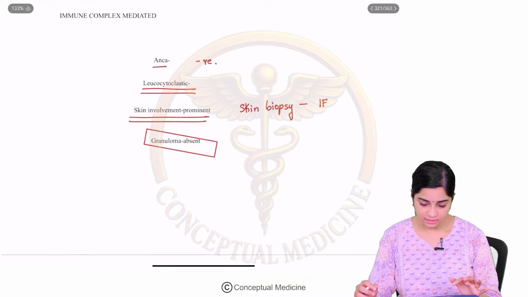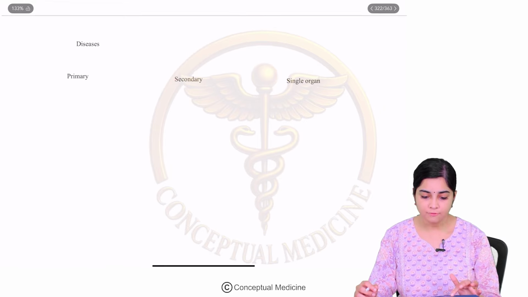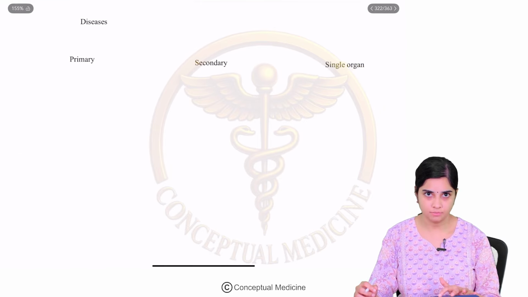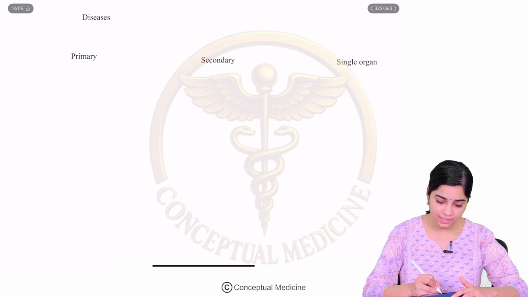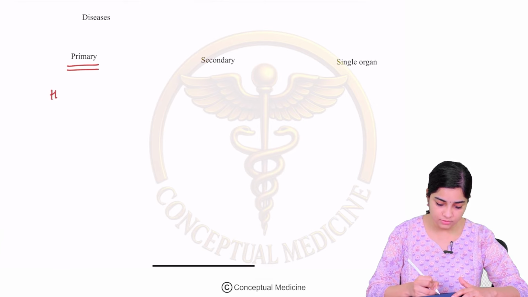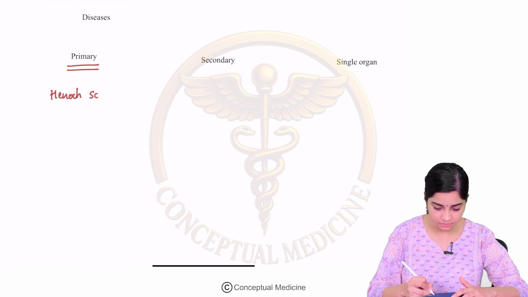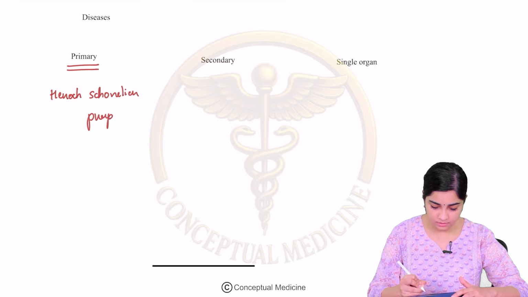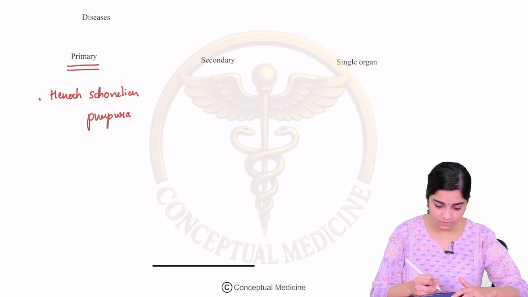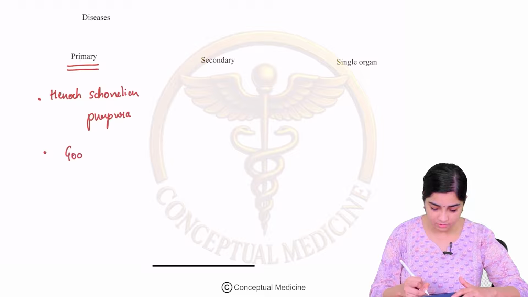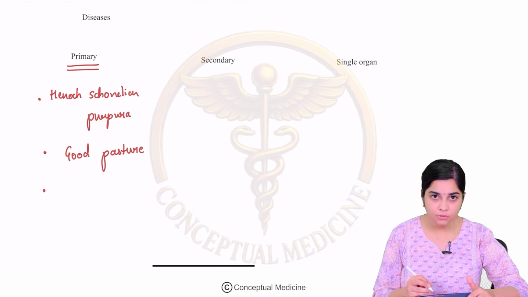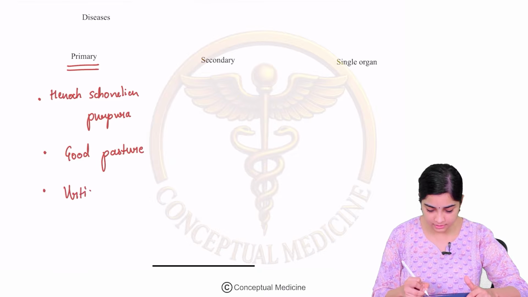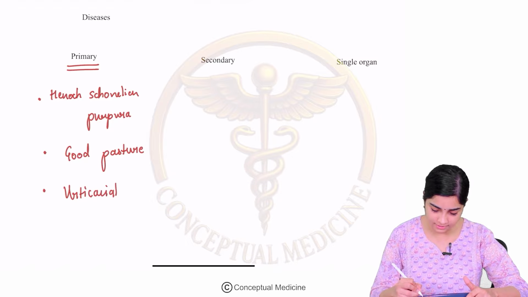Fine. So what are the prototypical diseases which are found under your immune complex mediated small vessel vasculitis? So here you have your primary disorders, which include Henoch-Schonlein purpura, then we have Goodpasture syndrome, hypocomplementemic urticarial vasculitis.